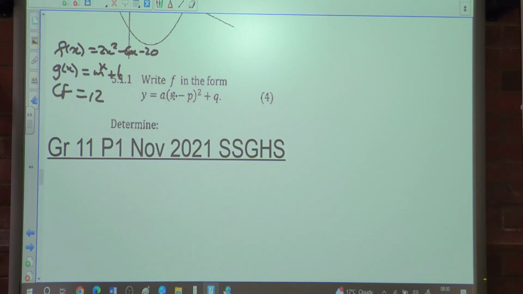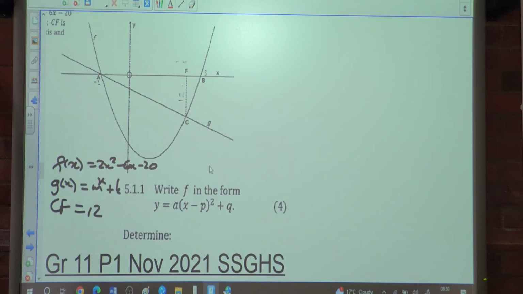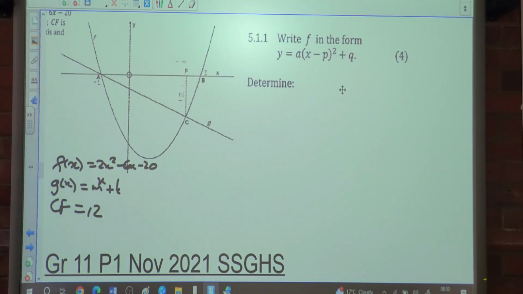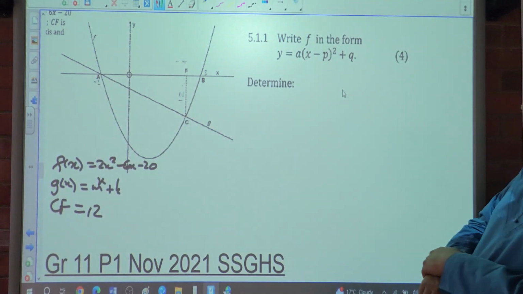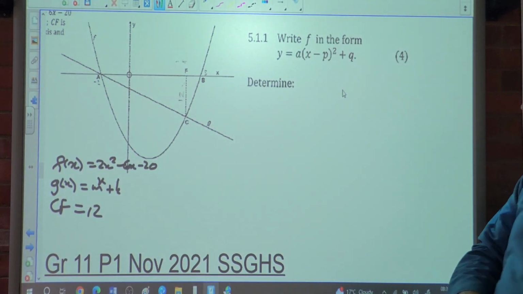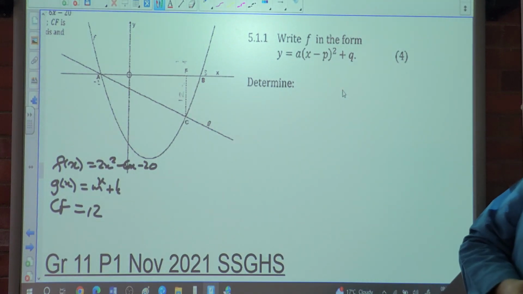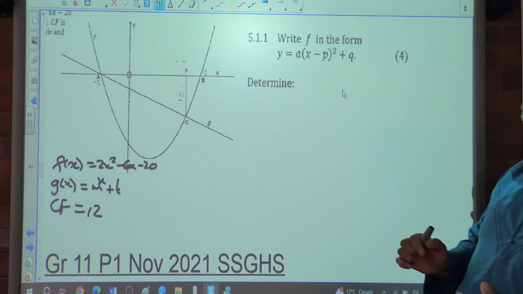The question says write down f in the form of, in other words, you must write it in the form y is equal to a into x minus b squared plus q. That is the completing the square form, or the turning point form.